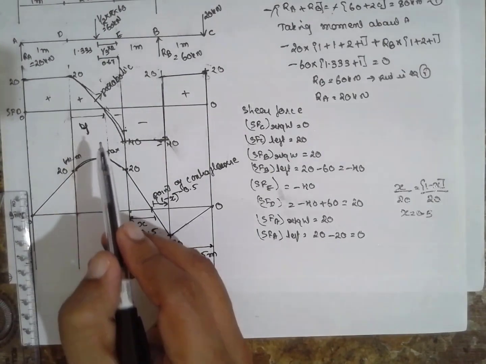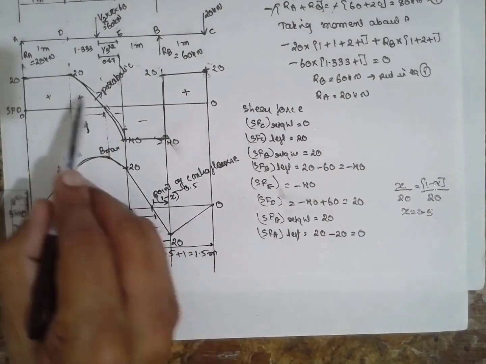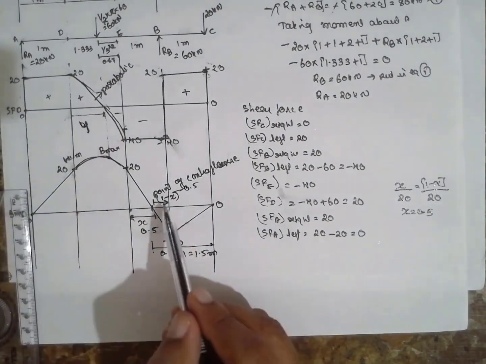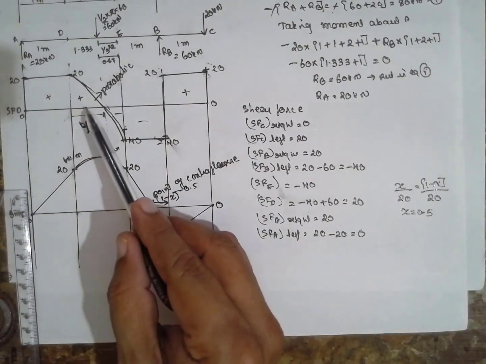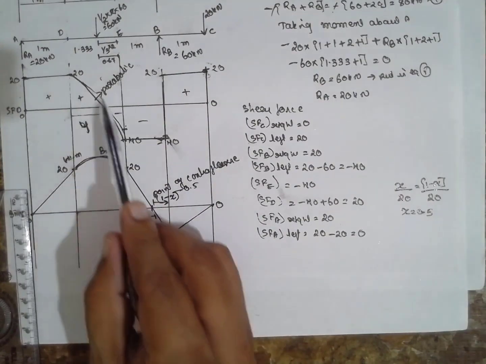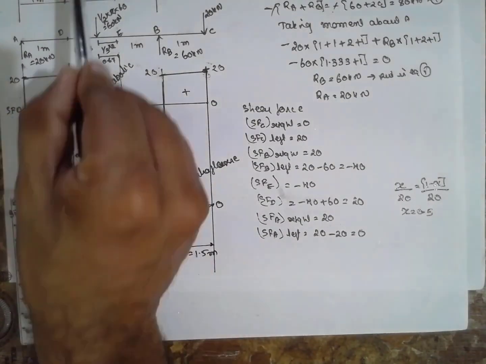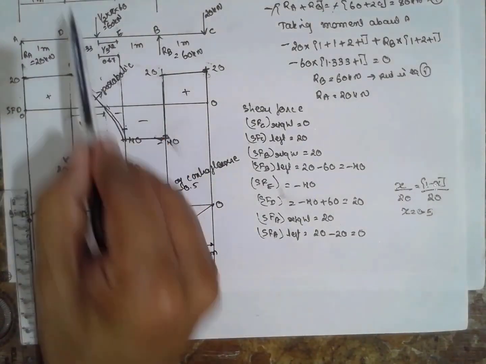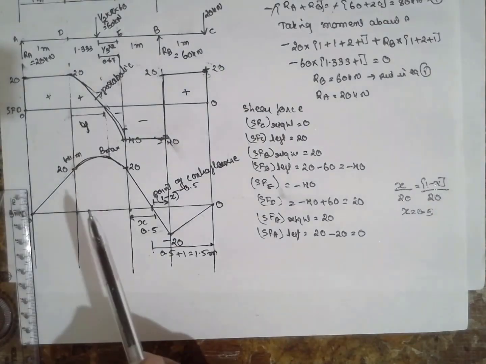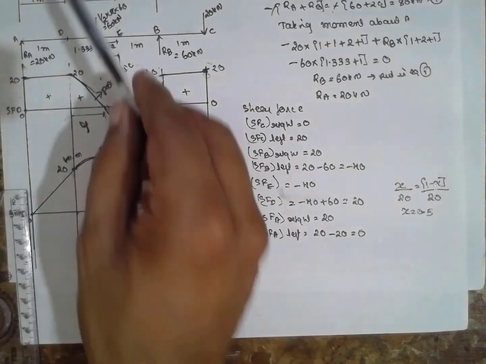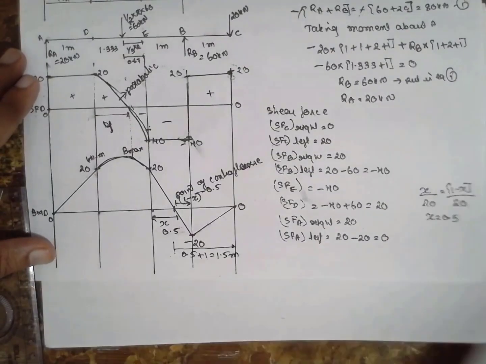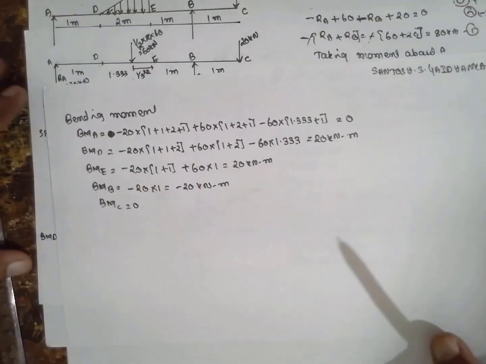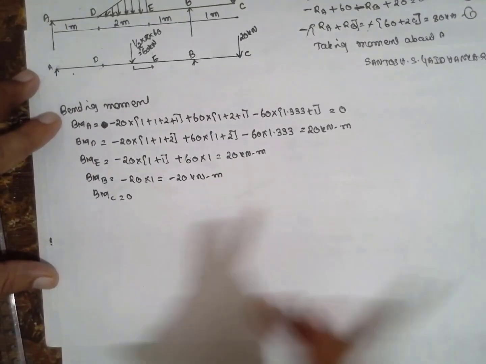Because of the parabola, you can't directly substitute these values this way. If it is inclined, then you can use this concept and you will get the answer. But there is a parabolic curve. Therefore, you have to cut this portion, again cut this portion, and rewrite. I will cut this portion in order to find out the y length.